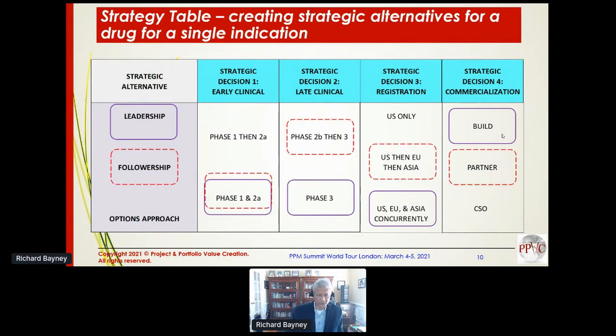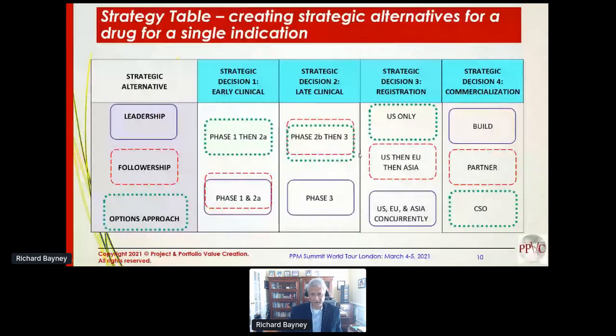Compare that with the followership alternative, which is to do the same in early clinical, but instead of moving directly to phase 3, conduct phase 2B, then 3, do the 3 regions sequentially, not concurrently, and don't build your own sales force, but instead partner with someone else's. Now, how do these 2 compare with an options approach?